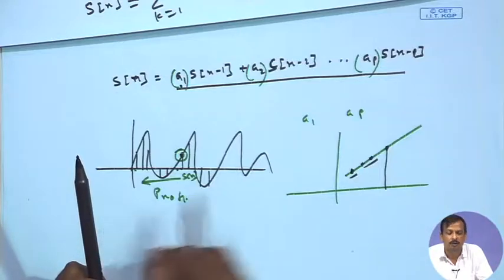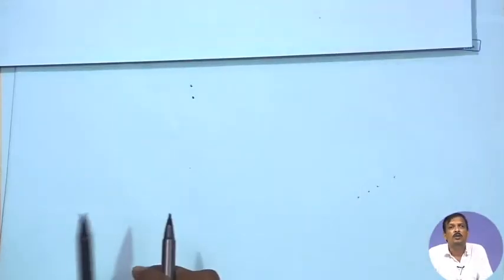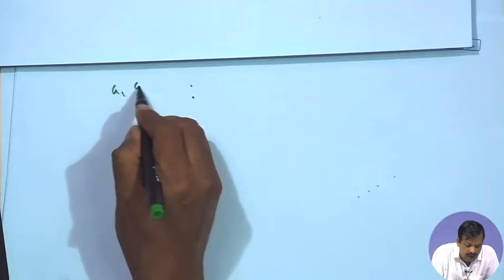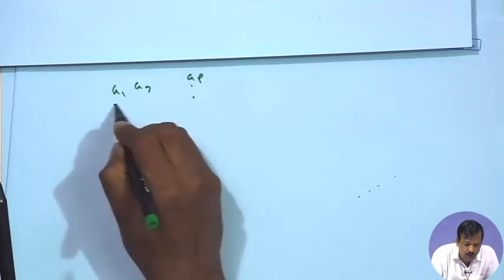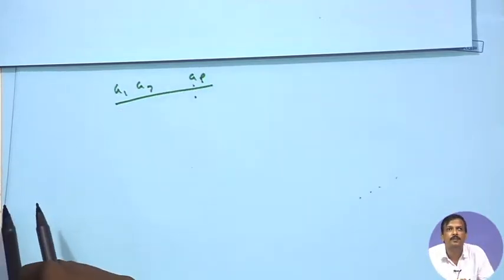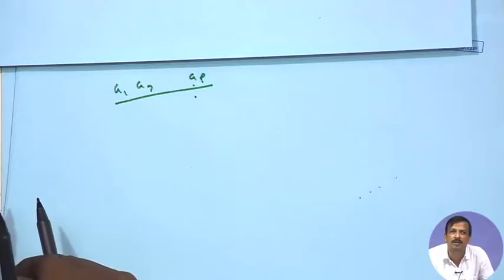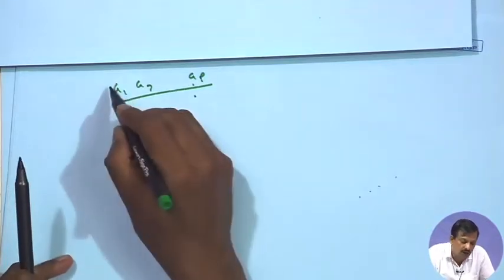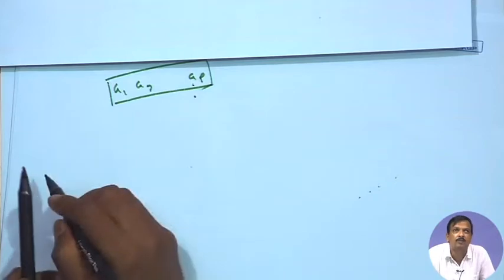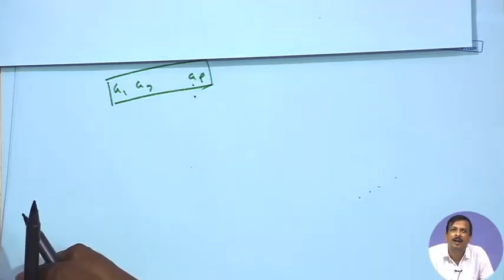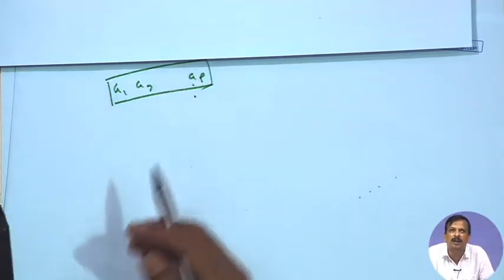So, what do I get here? a 1, a 2, a p are called the coefficients, the linear prediction coefficients. They describe the properties of the speech signal and they multiply with the previous samples, which can be implemented easily by a delay.